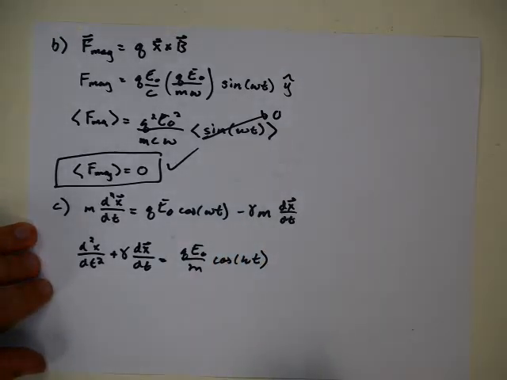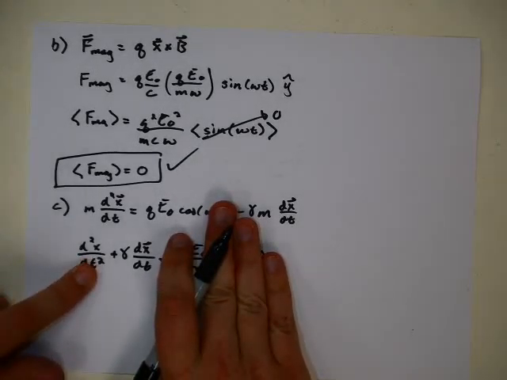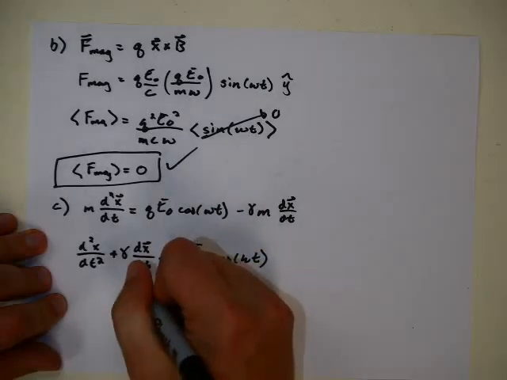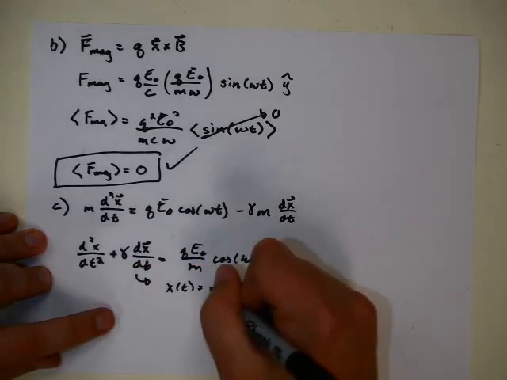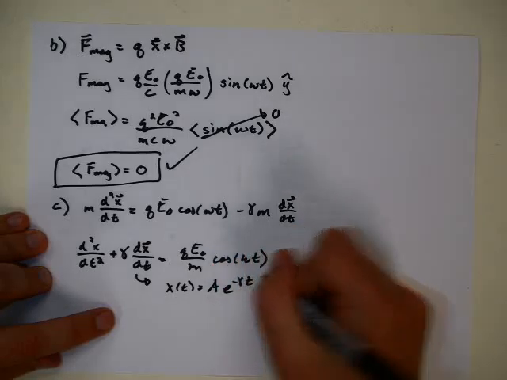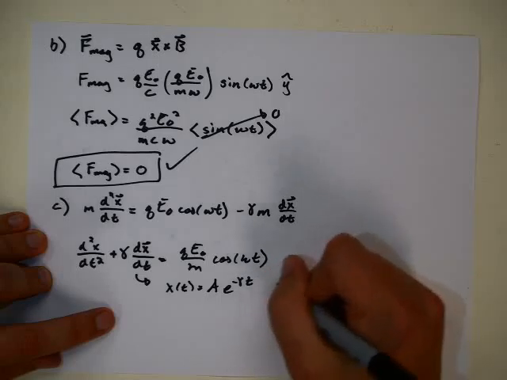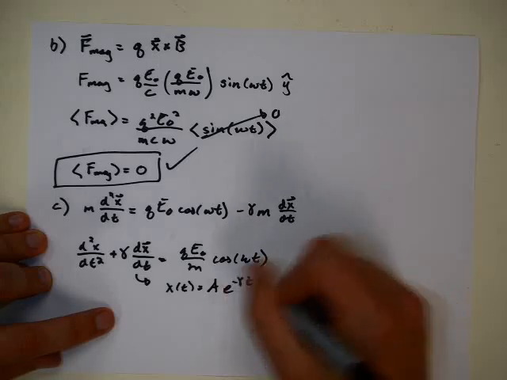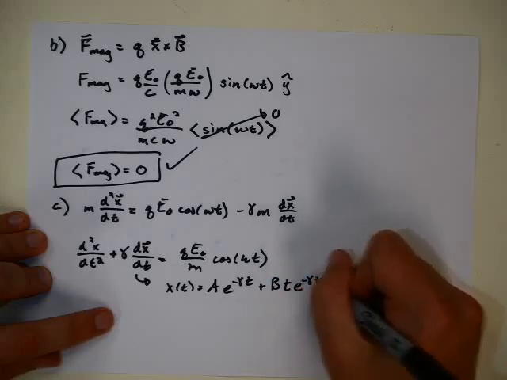Again, the way that we would solve this is we'd usually first do the homogeneous part where we set this side equal to 0. What we'd do if we did that is we'd find that x of t would have some unknown constant times the exponential of minus gamma t or something like that. And then there'd be another one that's linear, also damped, b t e to the minus gamma t, like that.